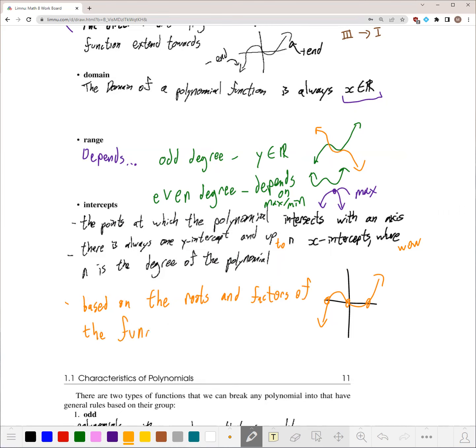Now, what this means is that if I've got something like x squared minus 4, that is equal to (x plus 2)(x minus 2). And so these are our two roots, -2 and +2. So for a cubic function, these zeros are still based on the factors, based on the roots of our equation.